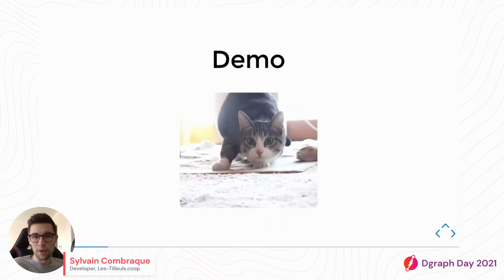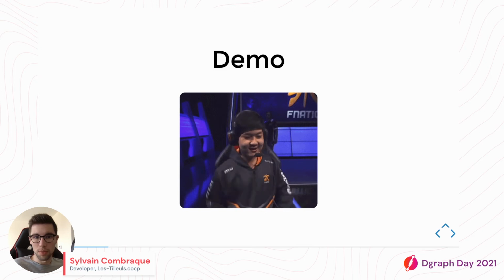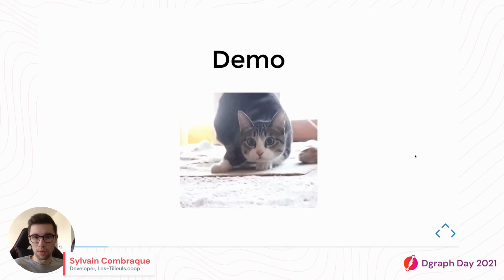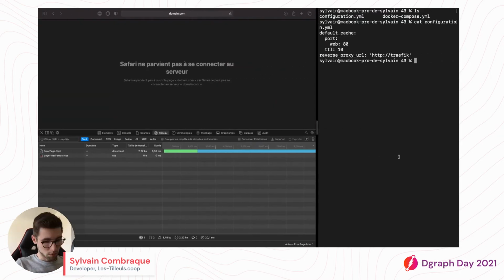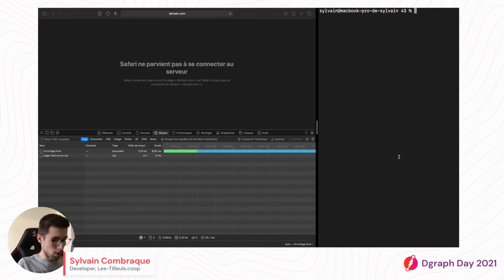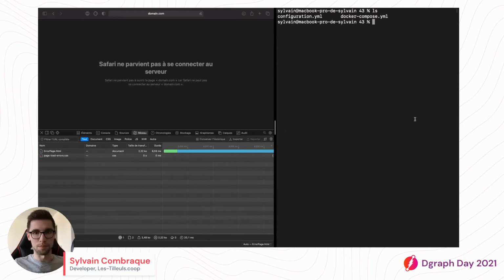So let's see together how easy it is to set up Souin through a demo. Here I'm in a folder with a configuration YAML and a Docker Compose YAML file.